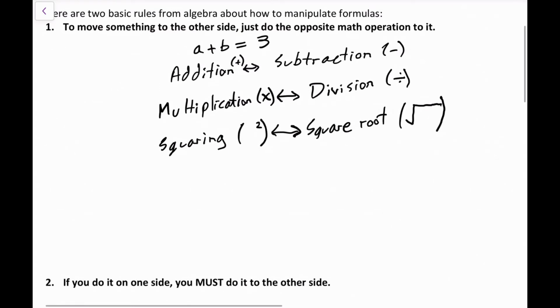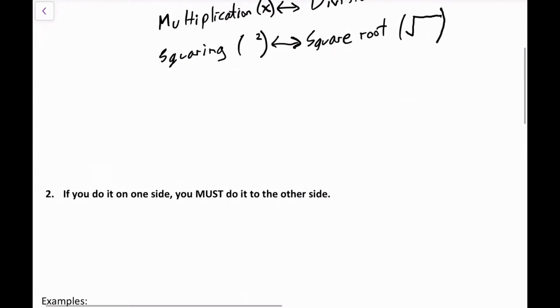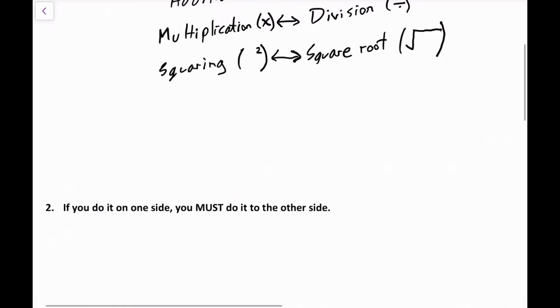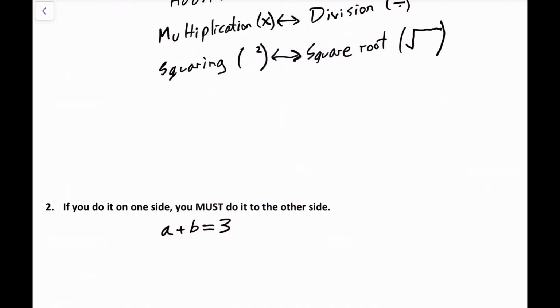The second major rule is that if you do something to one side, you must do it to the other side as well. Going back to our example, if we have a plus b is equal to 3, and on one side we have an addition, we're going to do the opposite of that.